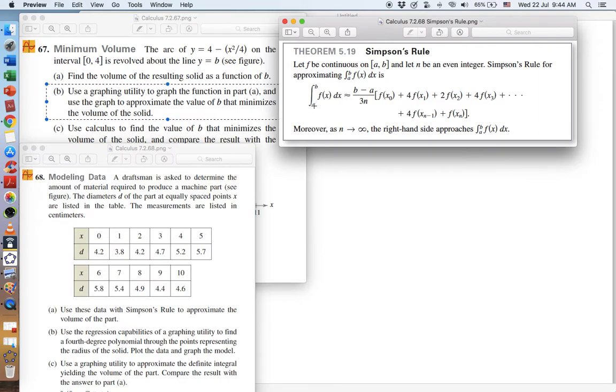So we're taking the integral from a to b of f of x dx, which is approximately equal to (b minus a) over 3n, where n is equal to the number of intervals. We've got 10 intervals here.